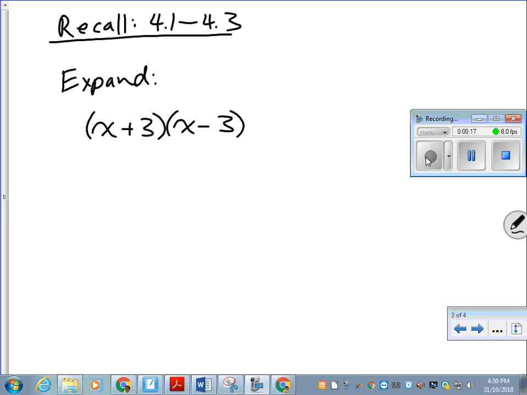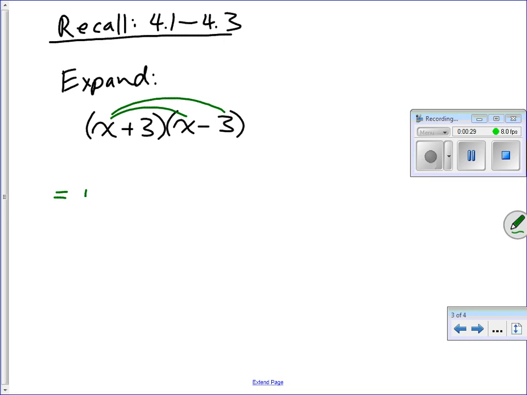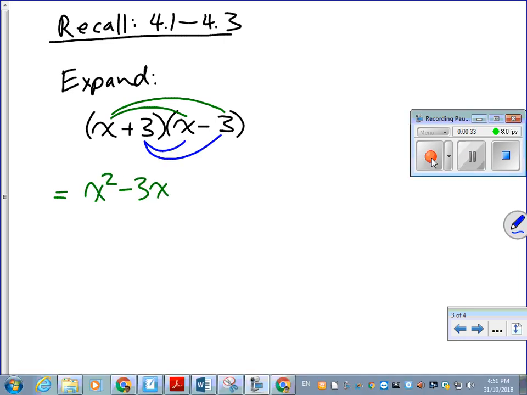When we had x plus 3 times x minus 3, we did this. x times everything in the second bracket gives us x squared minus 3x, and the positive 3 times everything in the second bracket gives us 3x minus 9.